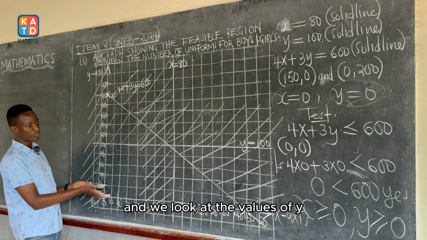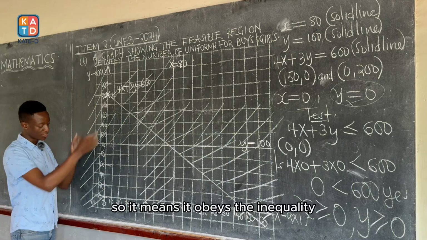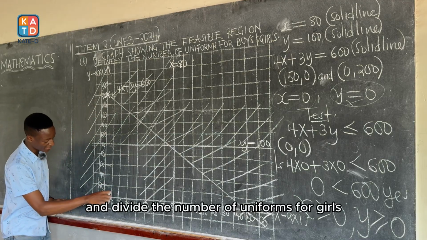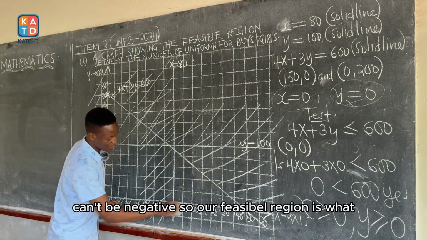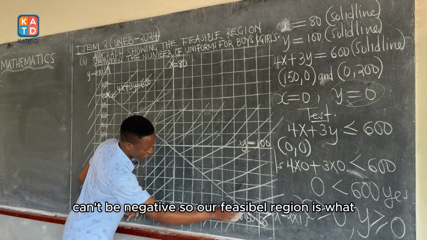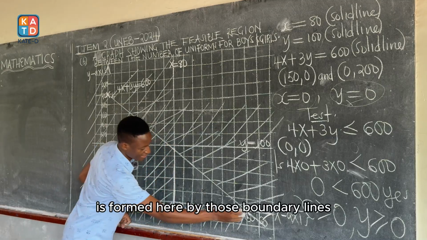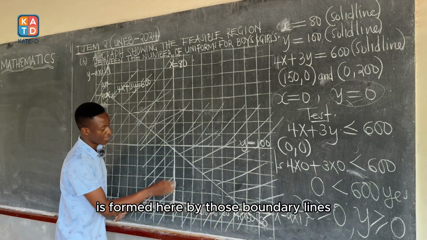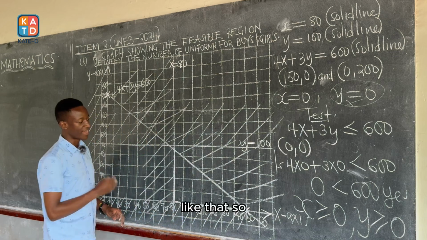The values of y which are more than 0 are these values. So it obeys the inequality, and the number of uniforms for girls can't be negative. So our feasible region is what is formed here by those boundary lines, like that.